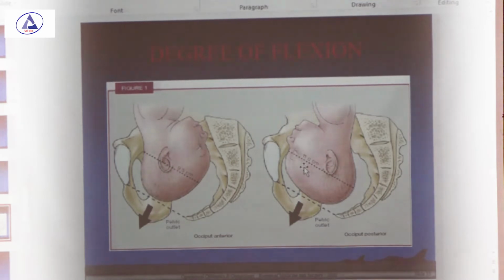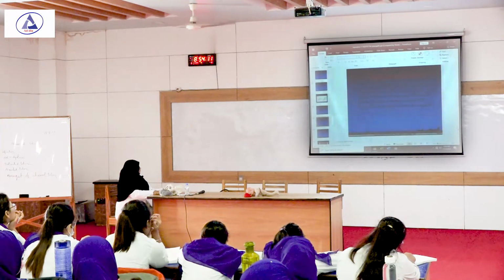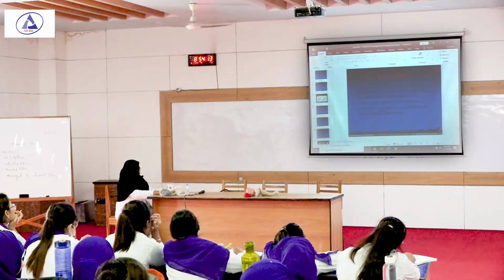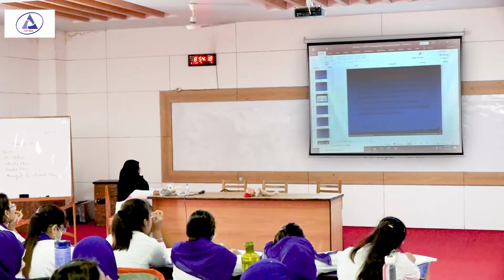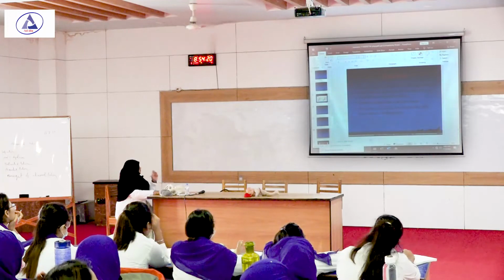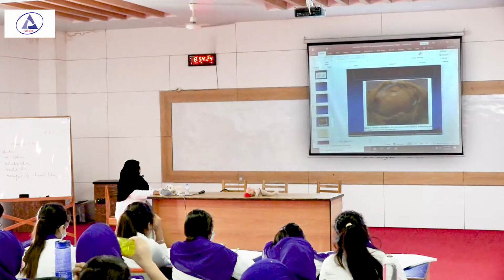Suboccipitobregmatic is the normal diameter. If away from this, it causes different abnormal positions of the fetal head, which cause obstructed labor, that is abnormal labor. Hyperextended, asynclitism: if the sagittal suture is not matched with the anteroposterior diameter, that is called asynclitism.